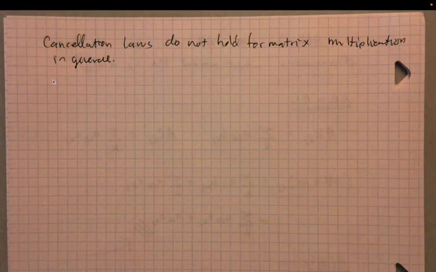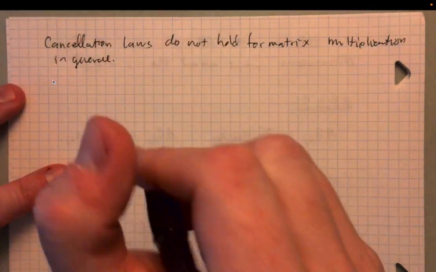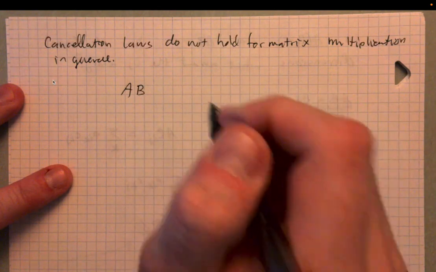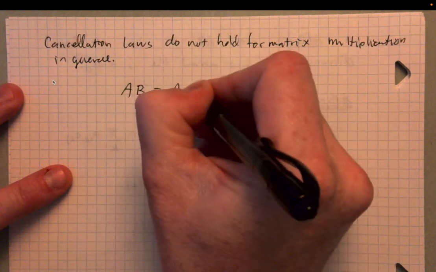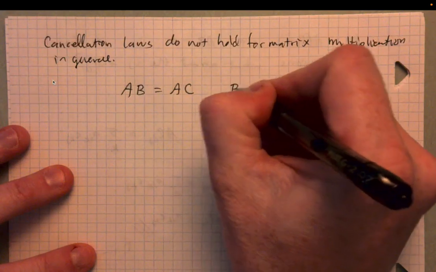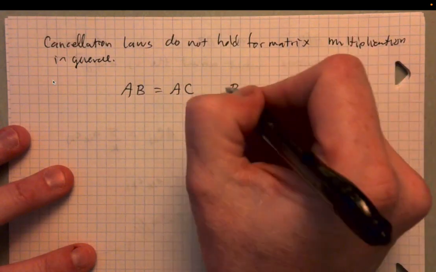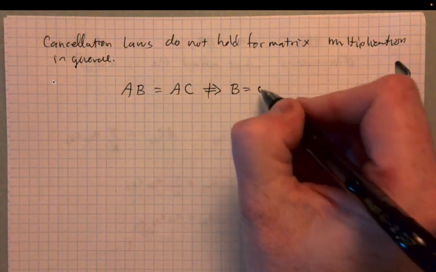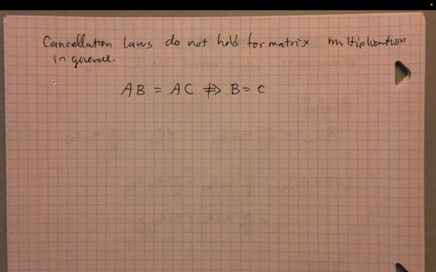What we expect is that if A times B equals A times C, then the cancellation law is this idea that I can cancel an A from both sides and get that B is equal to C. So this does not imply that B is equal to C, however, in the case of matrix multiplication. Sometimes it's true for sure, but generally it is not true.